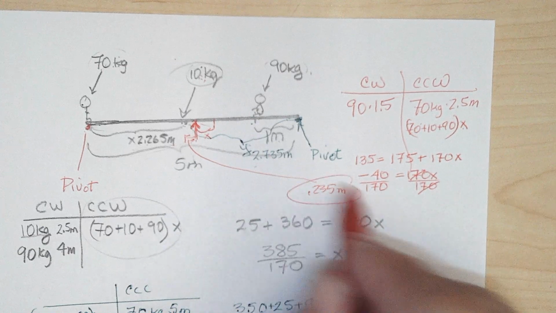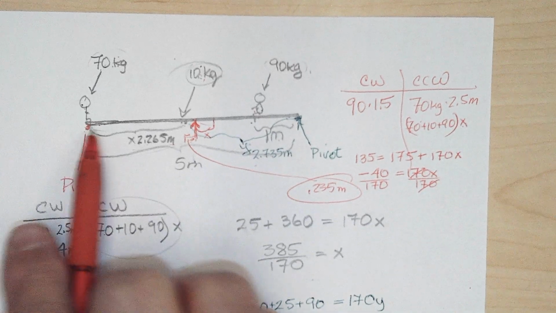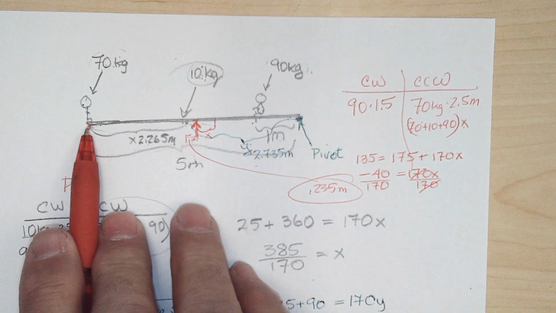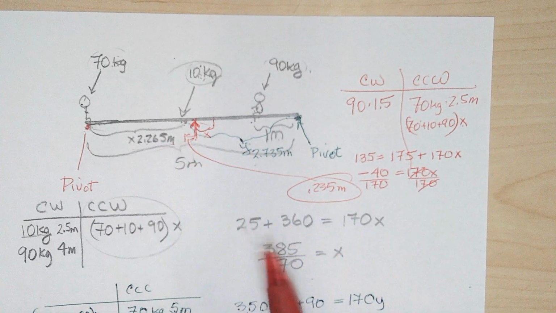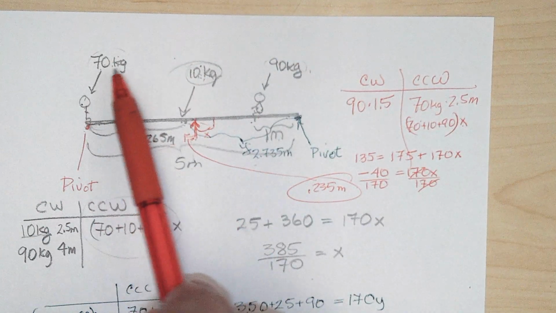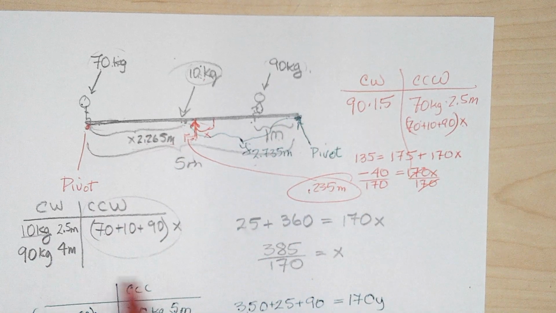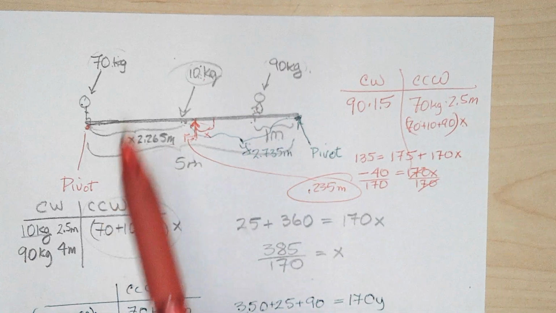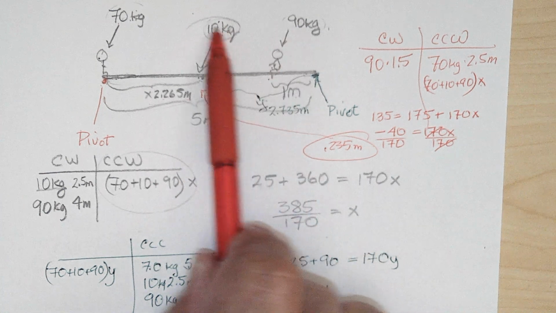0.235 meters. So, point being, no matter where you think the pivot is or where you imagine doing the system, you'll get the center of mass by taking all the torques, the masses times lever arms, divided by the total mass of the system. You'll get the center of mass, or center of gravity if you use weights here.